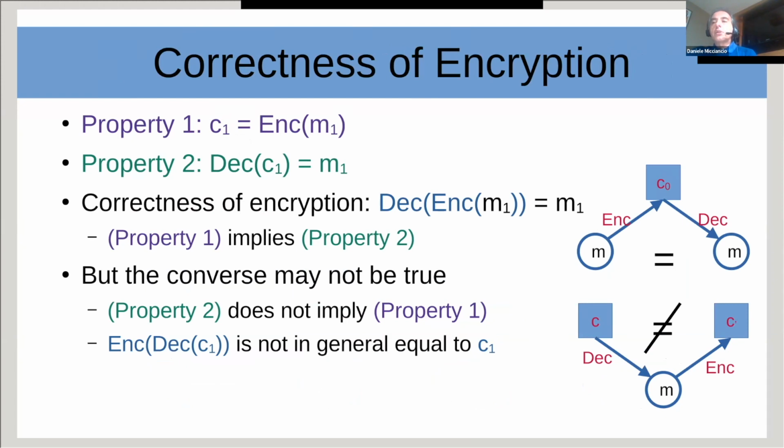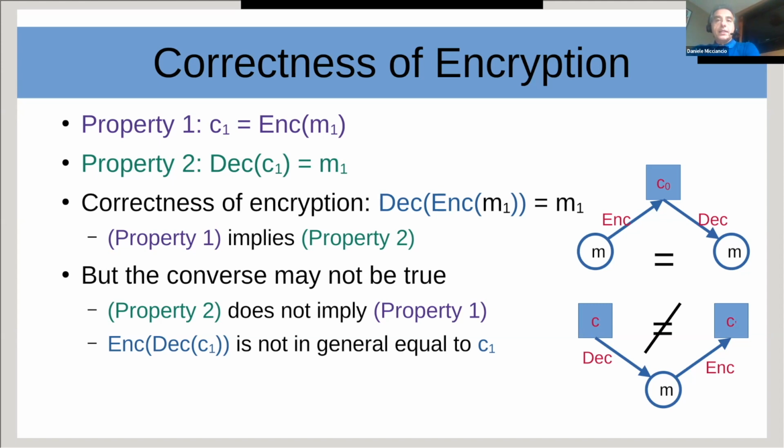However, if you perform the two operations in the other order, you take any ciphertext C, decrypt it to get a message M, and then you encrypt the final result, you will typically get a different ciphertext, if not just for the fact that encryption is a randomized process. So it's unlikely to give you the same ciphertext twice.